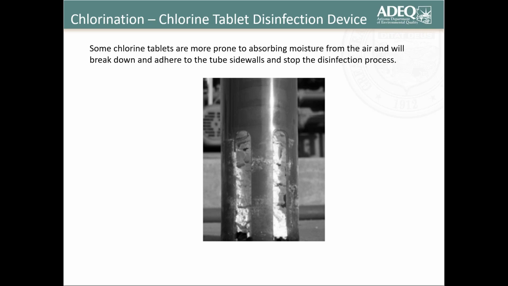If there was a pluggage downstream or something, there was a backwater effect and effluent rose up into the tube. That's possible that would cause it. But the thing I want to stress here, some chlorine tablets are more prone to absorbing moisture from the air and will break down and adhere to the tube sidewalls and stop the disinfection process.